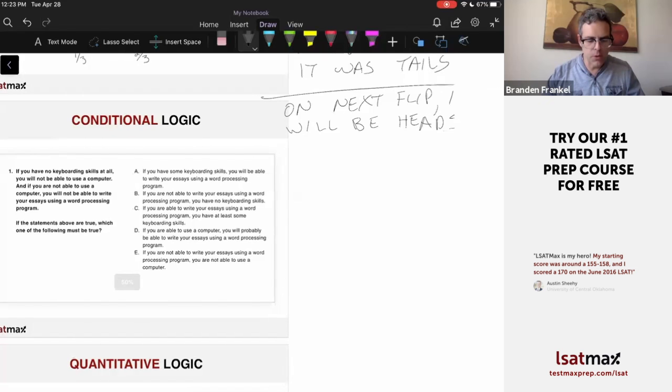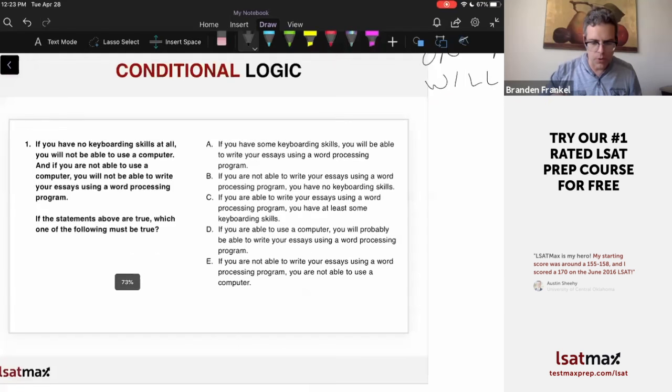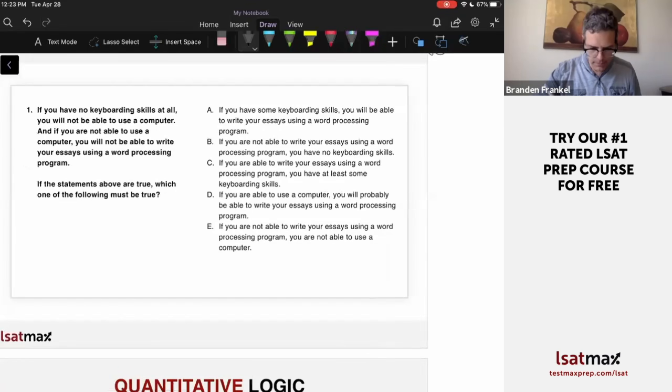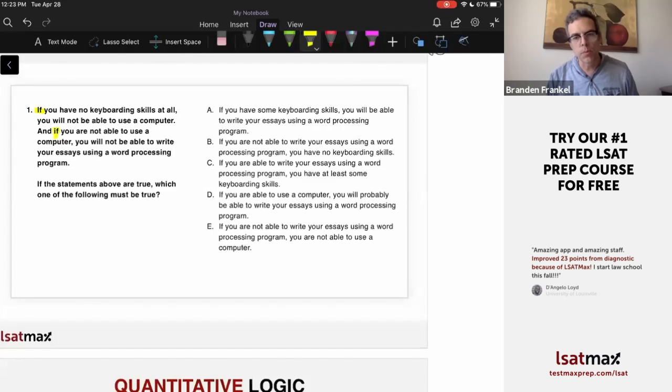If you look at this question, I'm not going to read through the whole thing right now. But in this paragraph, the stimulus, there are two statements. Each of them is an if-then statement. When you see something like that, you know you're being tested on conditional logic, and there are rules for how this stuff works.